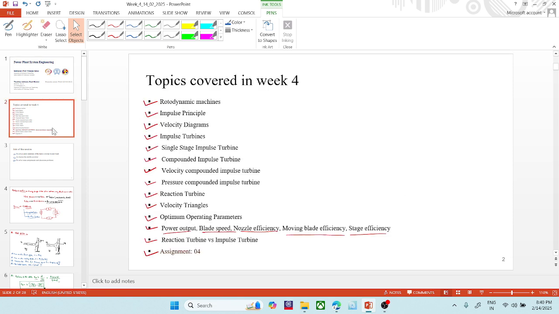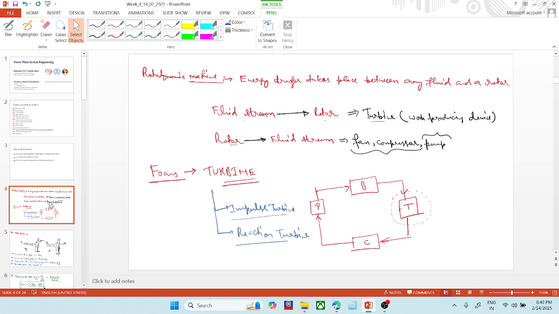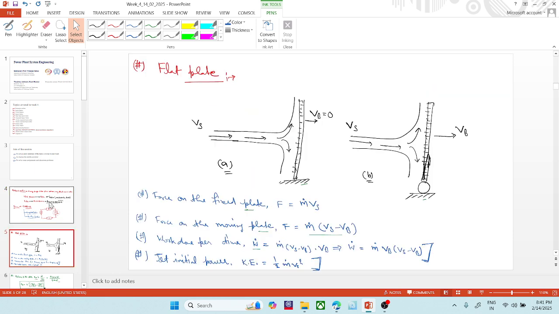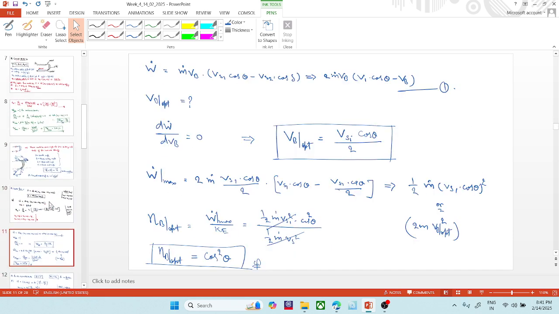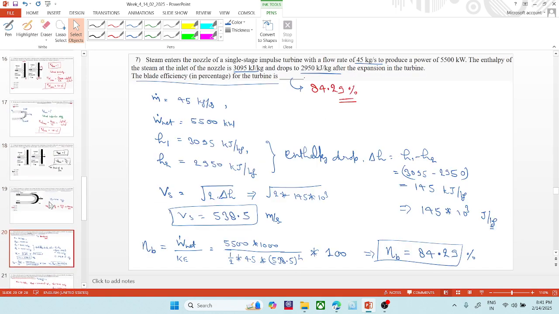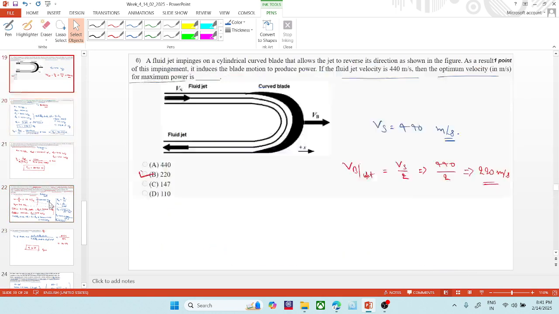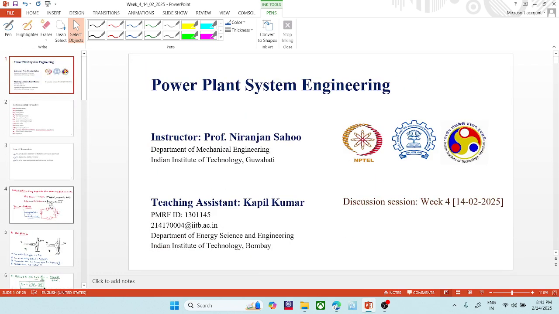So these are the topics we have covered in this class. Initially, I provided some derivation for the optimum blade velocity, blade efficiency, and the maximum power, and then we solved these assignment problems. Okay. If you have any doubt in this, then we can take it, otherwise, we can conclude the session.